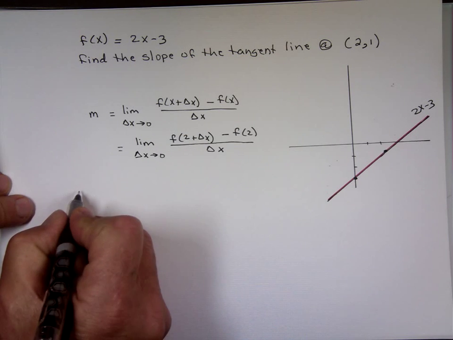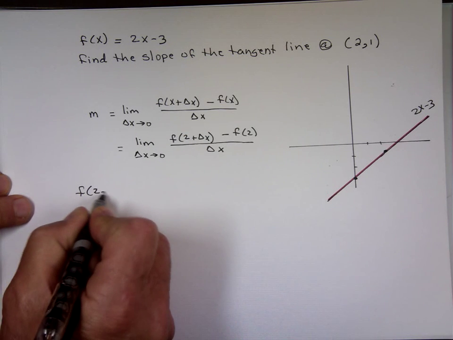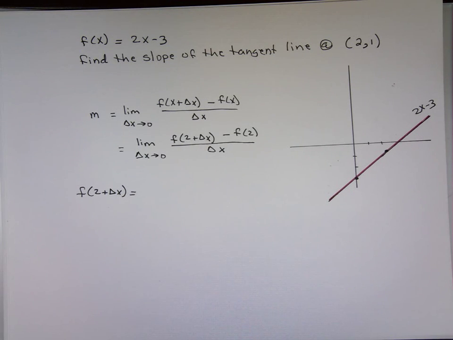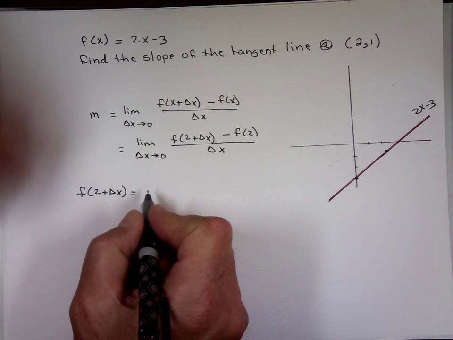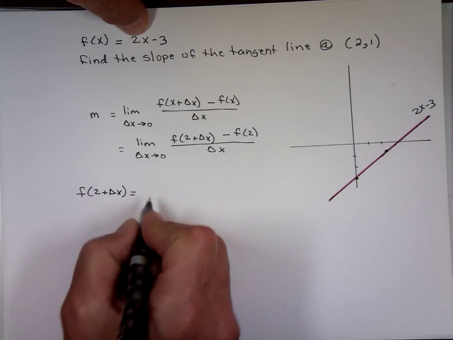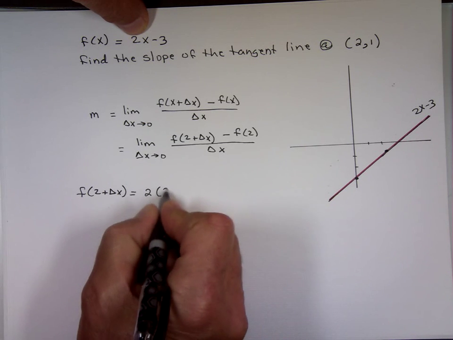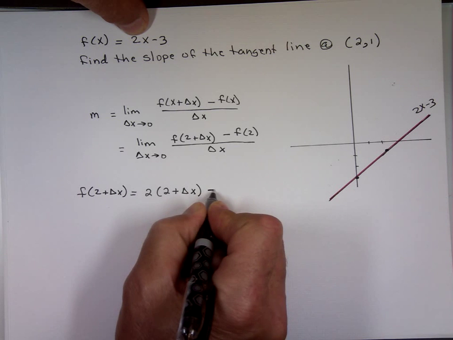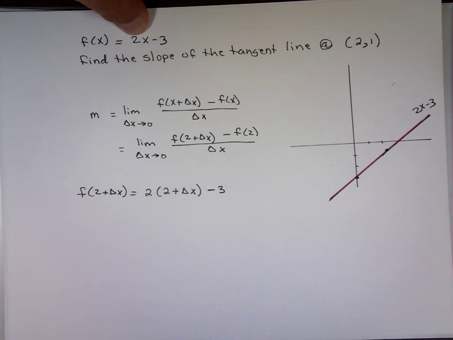What is f of 2 plus delta x? How do we find the answer to that? Replace x in this one with what? 2 plus delta x. Go to this function, replace x with 2 plus delta x.